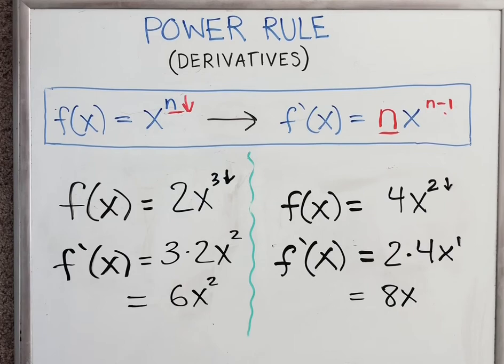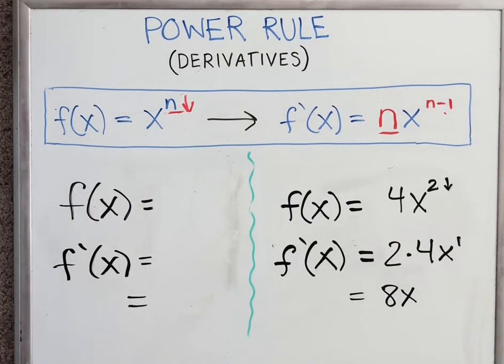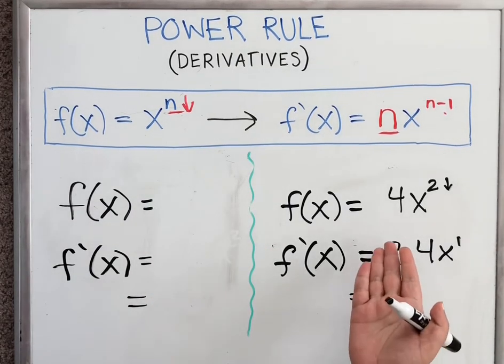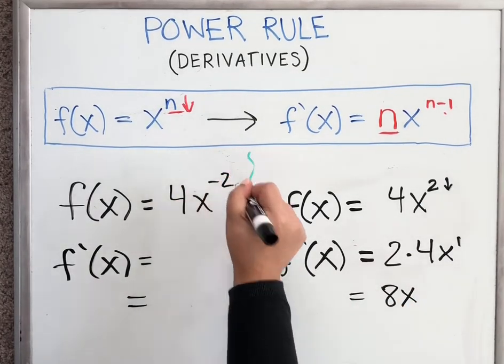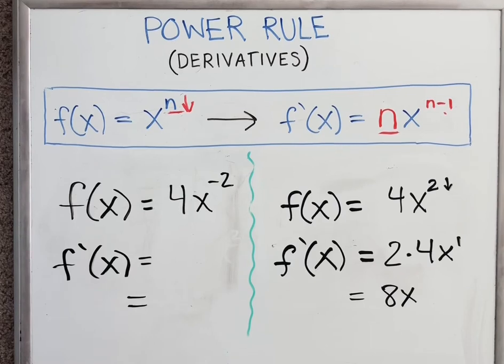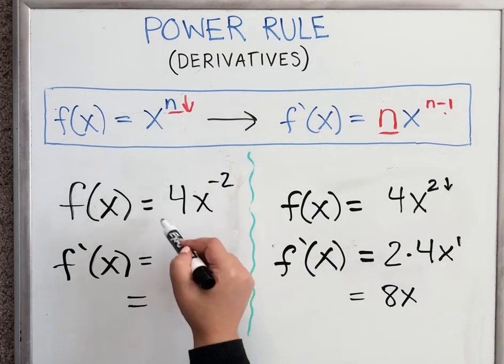And sometimes you guys may get faced with negative exponent questions, but not to worry, we'll walk through those, and it's essentially the same process like it's always been. So say rather than 4x squared, you had 4x to the negative 2. And again, your process is going to be exactly the same. So first step, we multiply this exponent down out in front of whatever we have here.